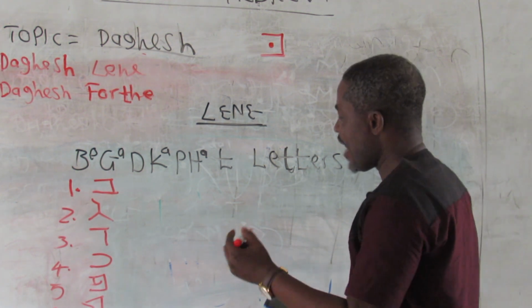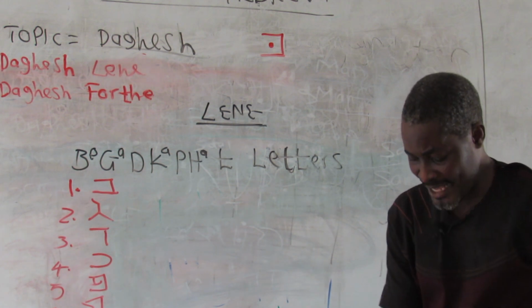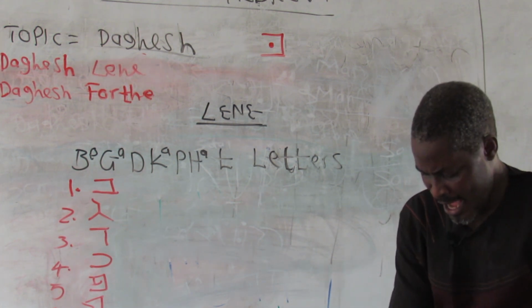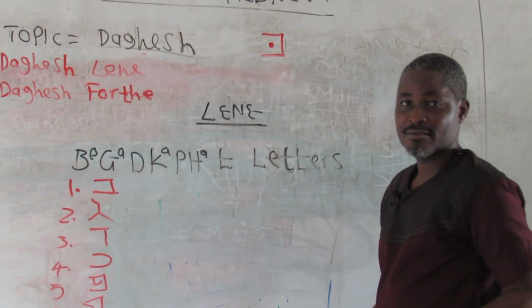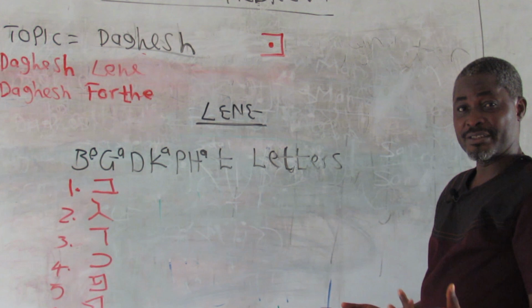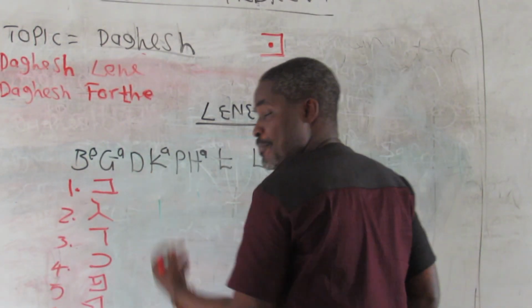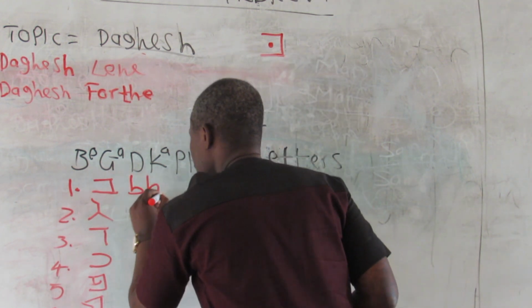Now, these Begad Kafat letters, which are 6 letters, when they are without a Dagesh Lini, they are soft. So the pronunciation for bet is V, that is BH.